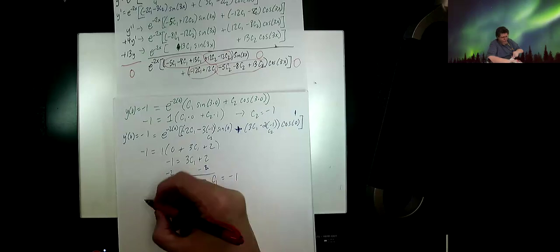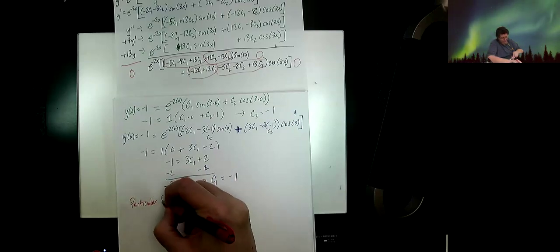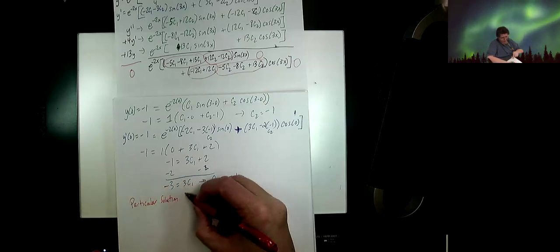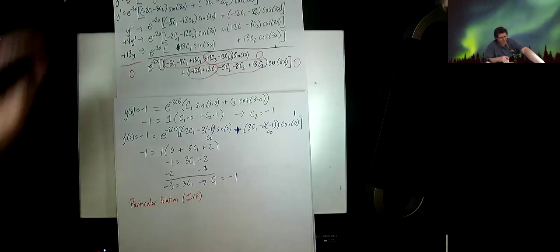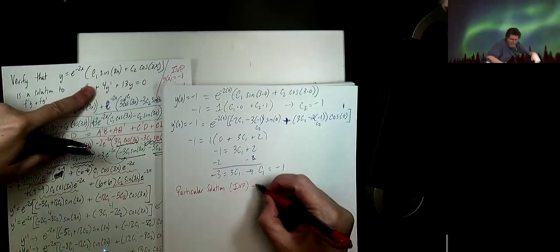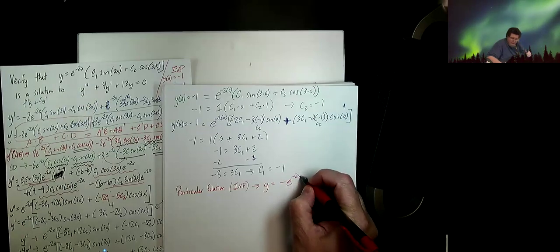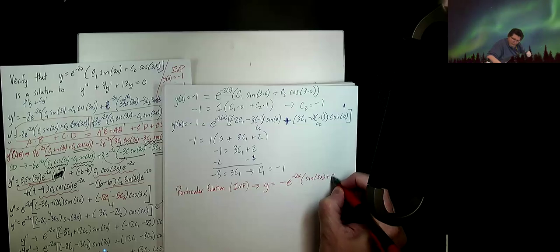So the particular solution, or IVP solution, they're both -1. I'm just going to factor out the -1. y equals -e to the -2x times sine of 3x plus cosine 3x.